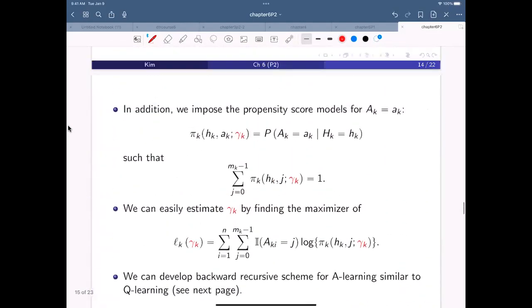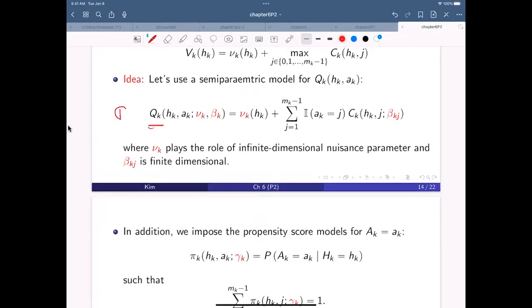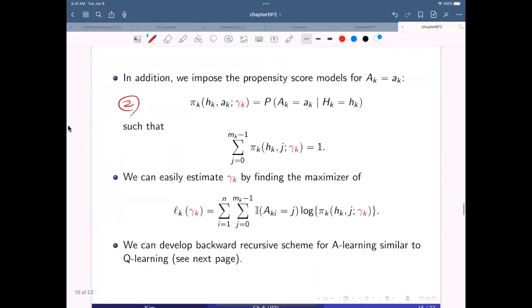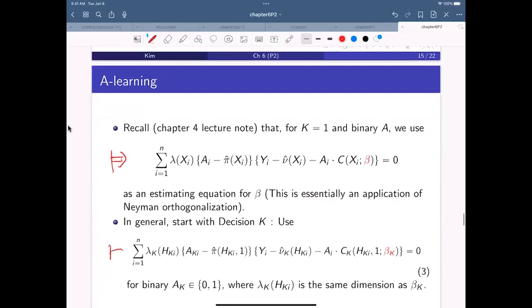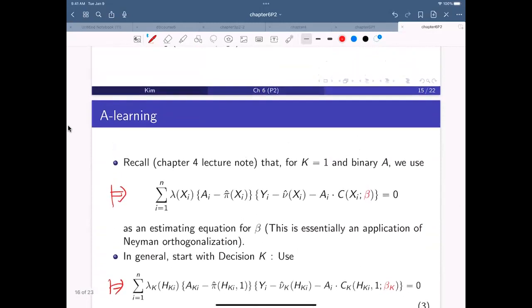Now using these two models, one is the semi-parametric outcome model and the other is the parametric propensity model, we combine the two and obtain this. By the way, for K equal 1, we already studied this estimating equation.